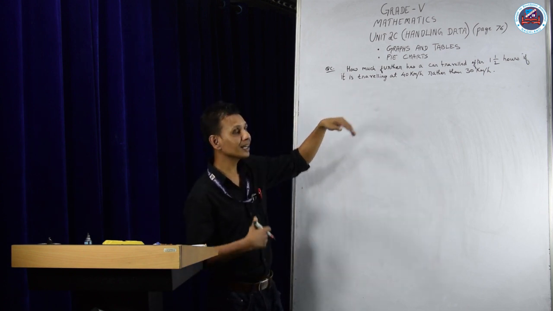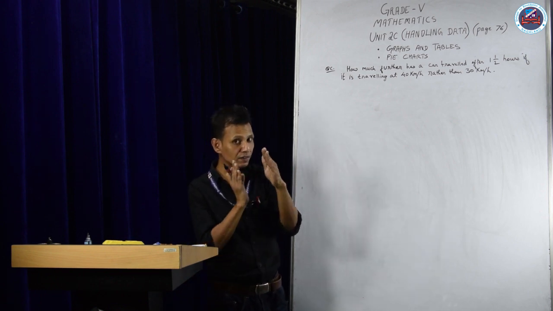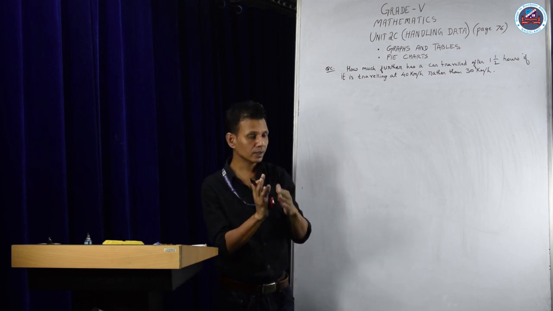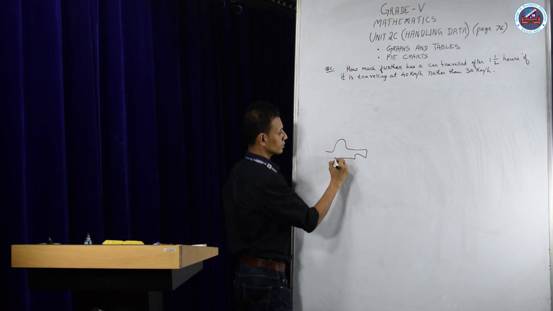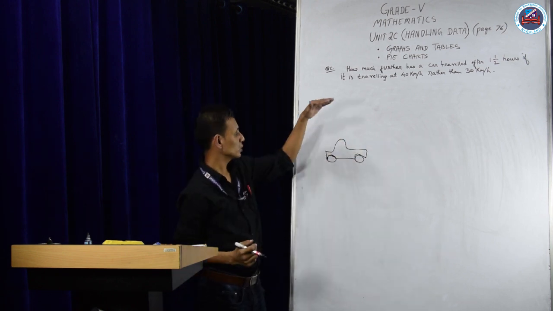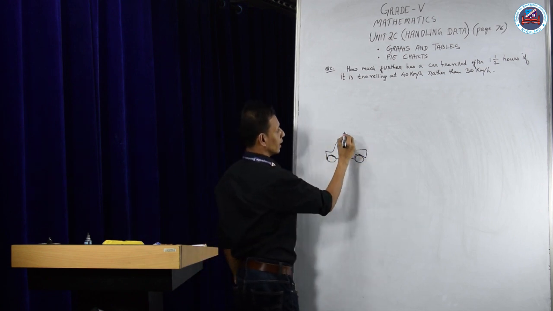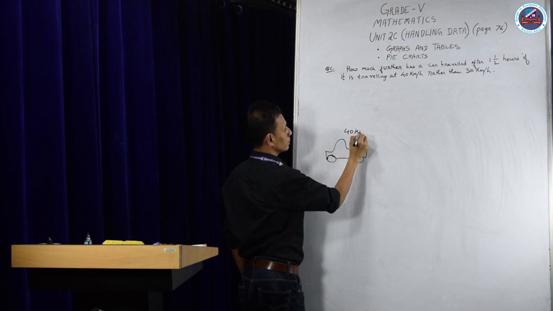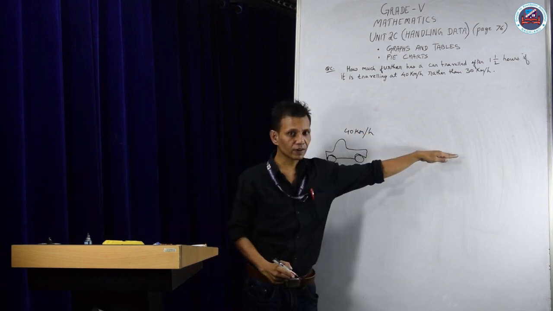For example, there is a car. If this car is traveling at 40 kilometers per hour, in 1 hour this car is covering 40 kilometers.